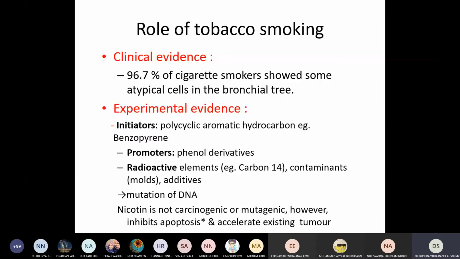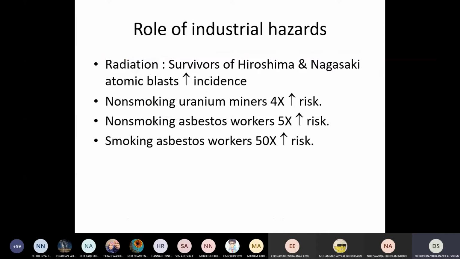Yes, doctor. Okay. Other industrial hazards include radiation, like the survivors of the Hiroshima and Nagasaki atom blasts. Also, non-smoking uranium miners have a 4-fold increased risk. Non-smoking asbestos workers have a 5-fold increased risk.